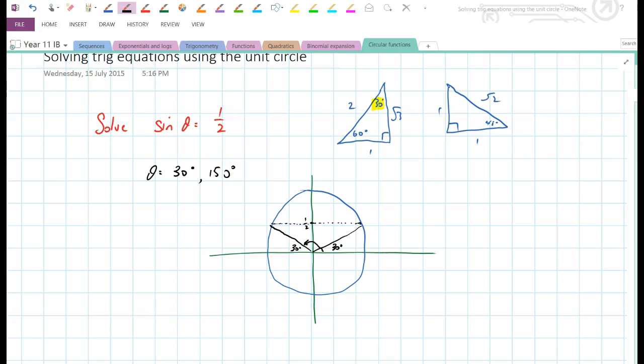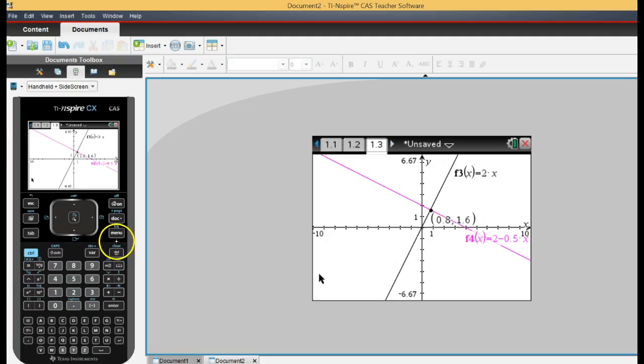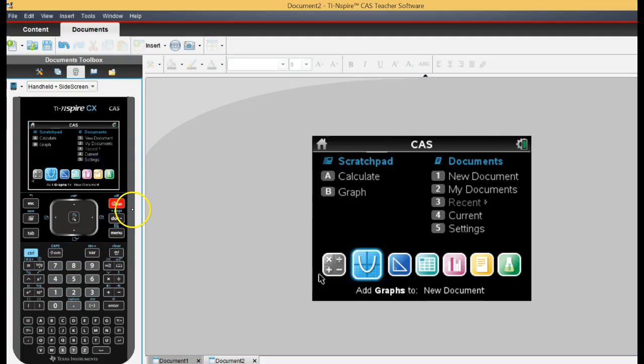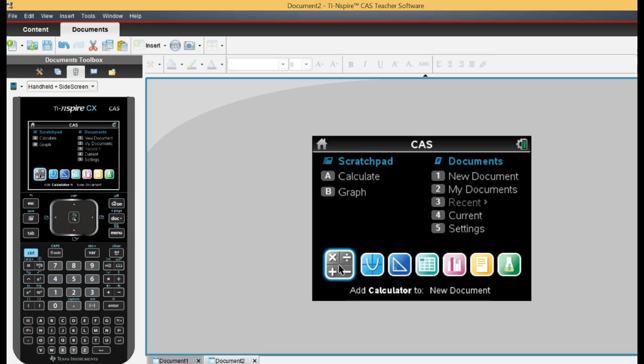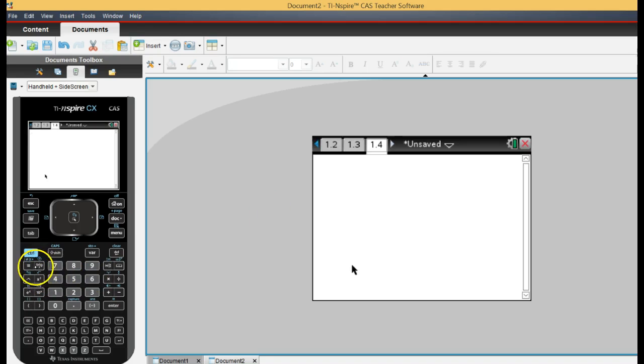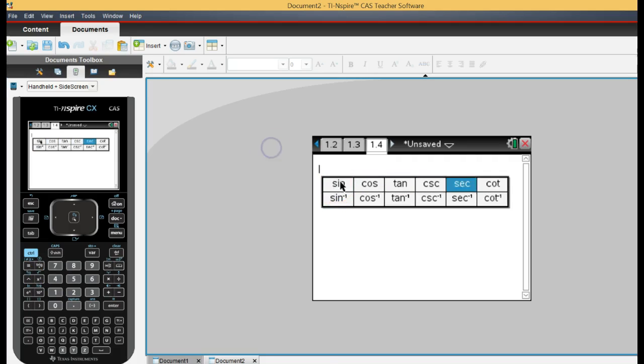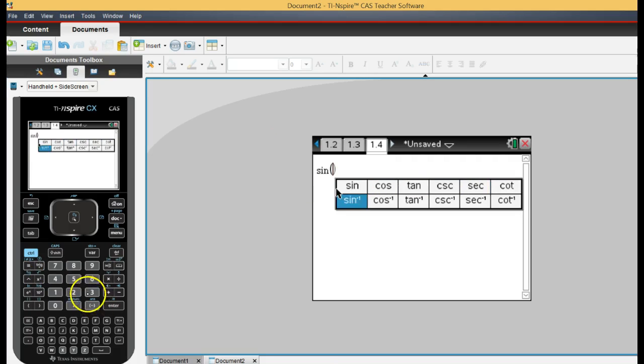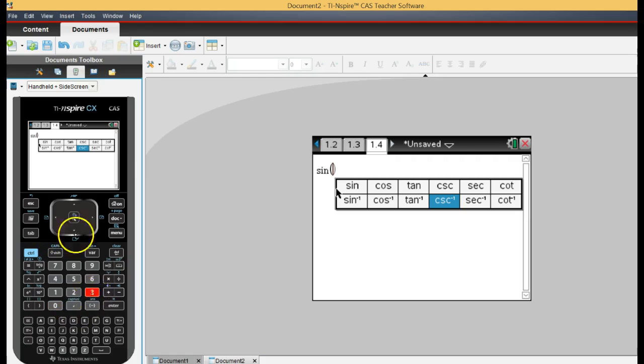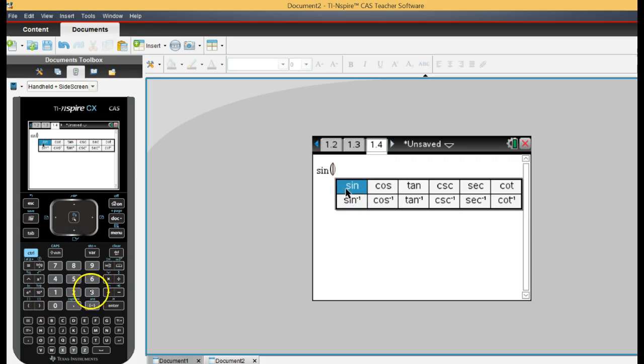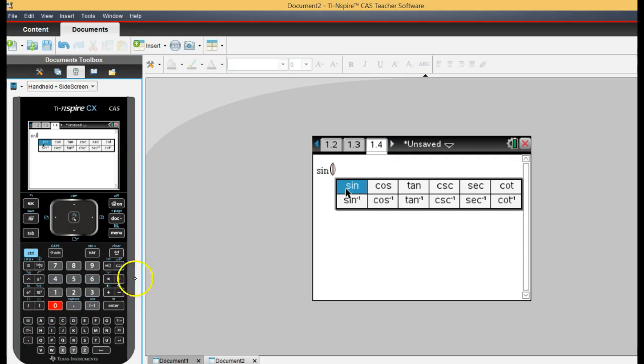And you can check that. Don't take my word for it. Let's take a calculator out and find some trig. Sine of 30.